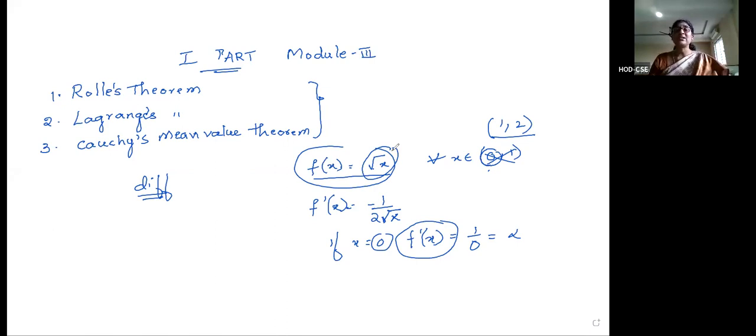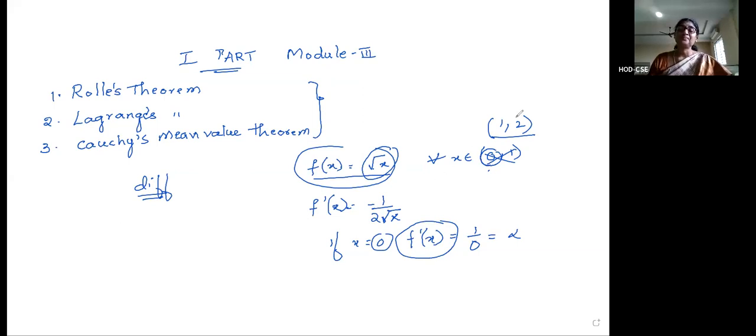Without the interval we can't discuss the continuity nature of the curves, because some curves between some points are continuous and between other points they may be discontinuous. So like that it always happens. Whenever you discuss these theorems, definitely the interval will be given. So without the interval we can't say either the continuity or the differentiability of the curve, right?